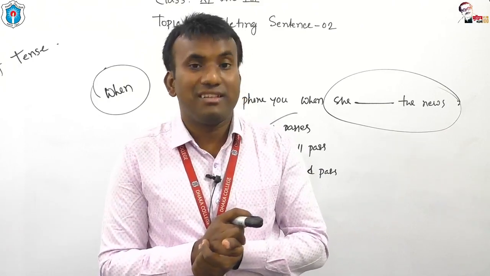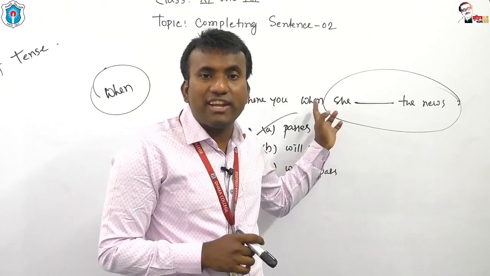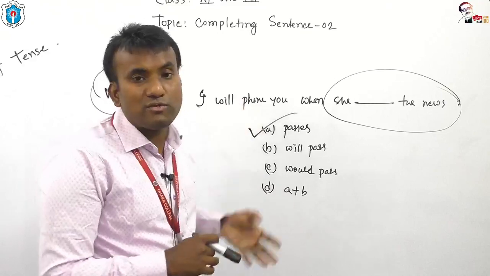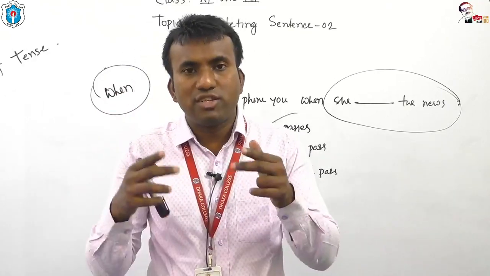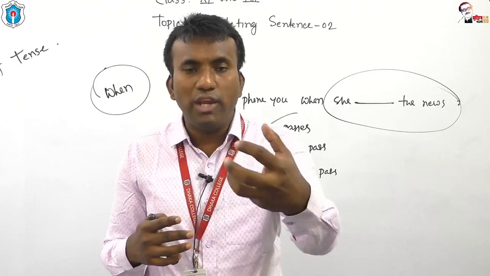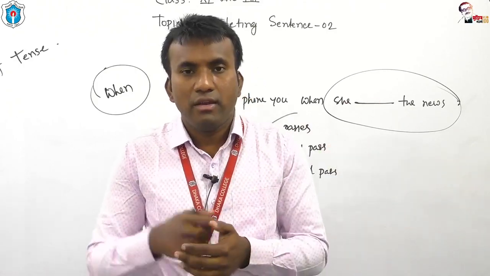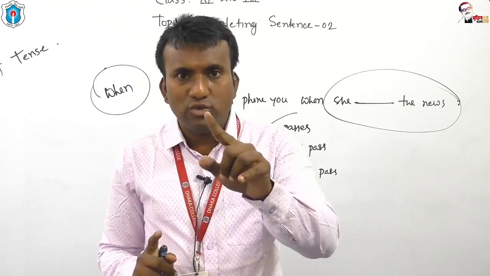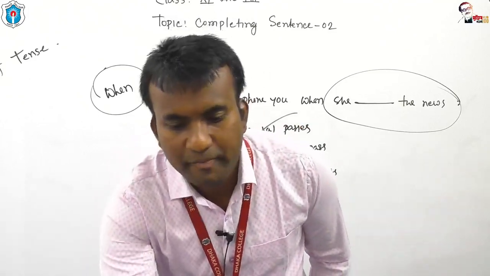Here the subordinate clause will be present indefinite and the principal clause will be future indefinite. So if you get two events which are going to take place in future, both must not be in future tense. One tense will be in future indefinite and another one will be in present indefinite.